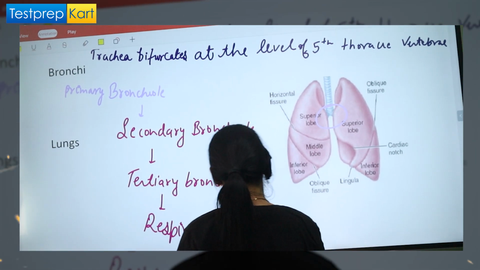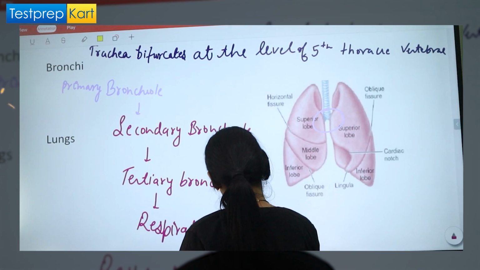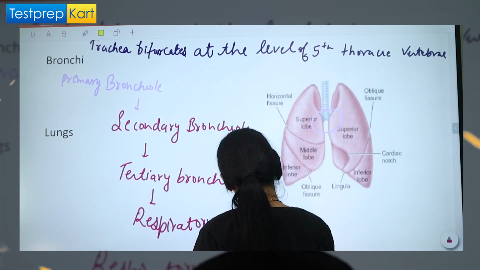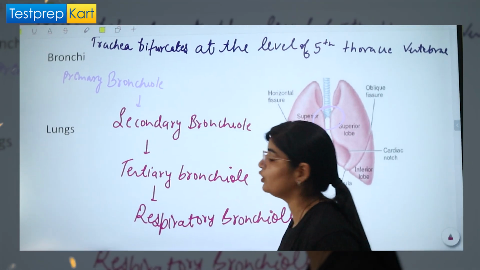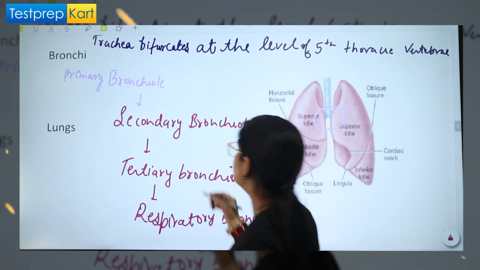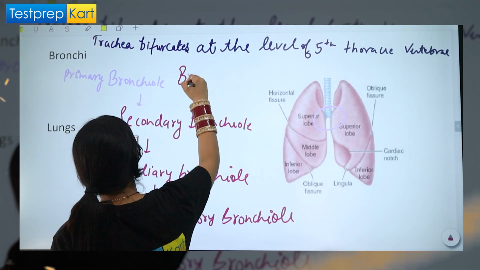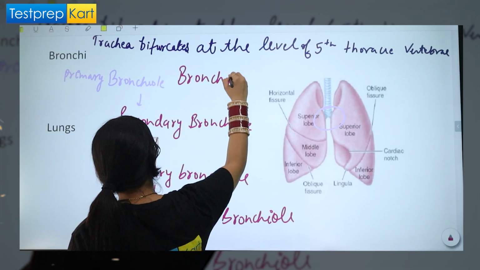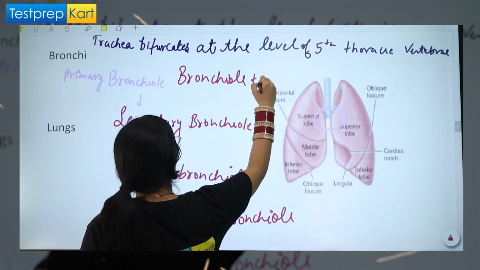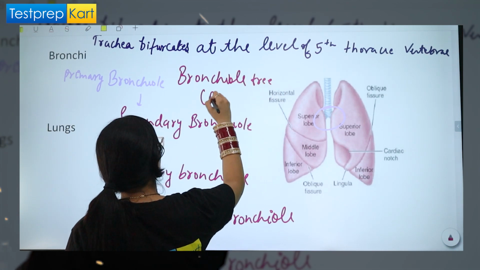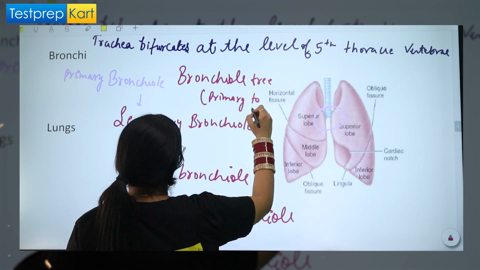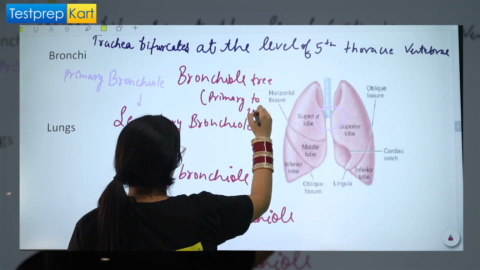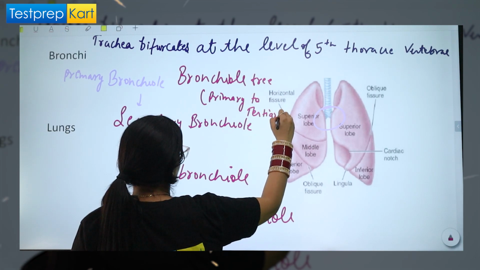Respiratory bronchiole, right? Primary bronchiole, secondary bronchiole and tertiary bronchiole comprise the bronchiole tree. So the bronchiole tree will start from the primary bronchi to the tertiary bronchi.